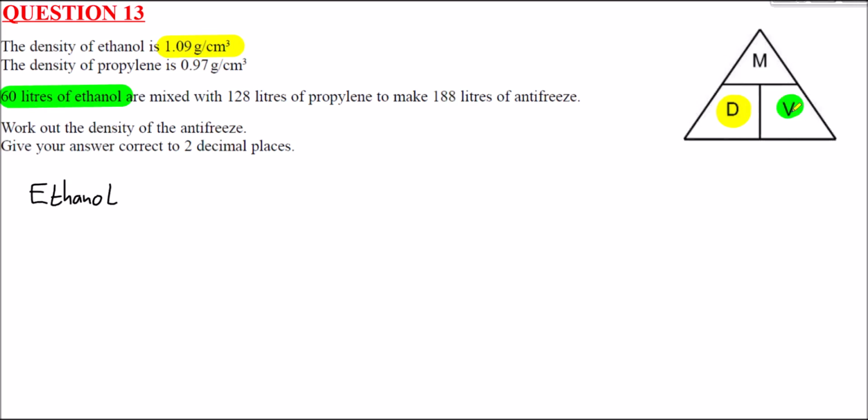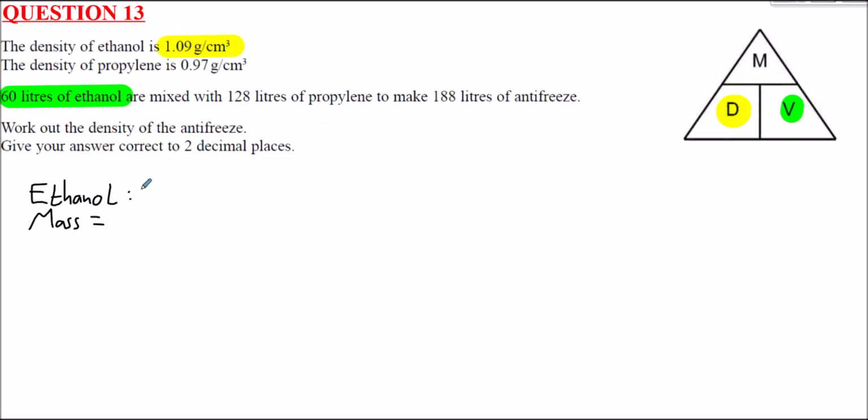So we know density and volume for ethanol, and indeed for the propylene as well. So for the ethanol, we can work out its mass. If we just cover up mass here and see what's left, we just have D and V at the bottom. So mass equals D and V together, which means D multiplied by V. In other words, density multiplied by volume.